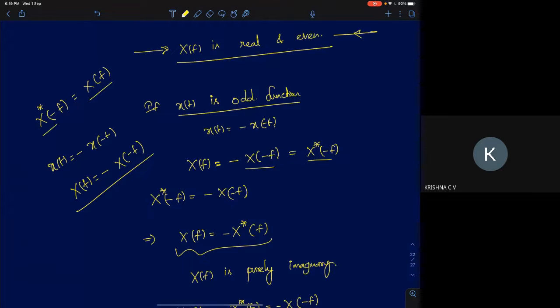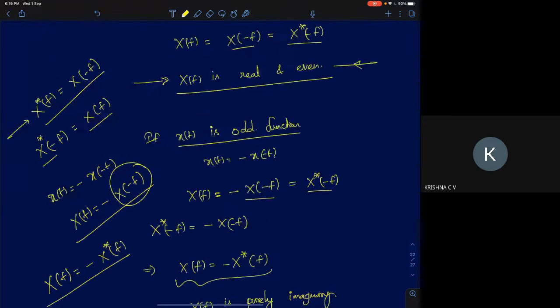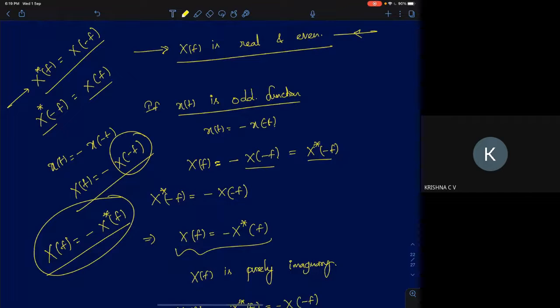You take complex conjugates on both sides, and X star of f is simply equal to X of minus f. This follows directly from conjugate symmetry. So I can replace X of minus f here, so X of f equals minus X conjugate of f. Now you see this equation here. If X of f equals minus X conjugate of f, what kind of a number is that?